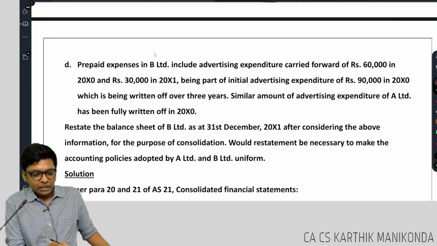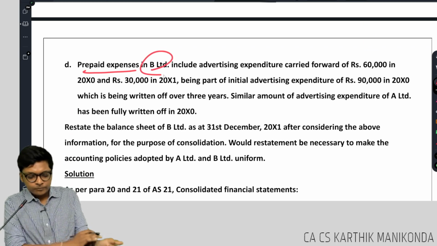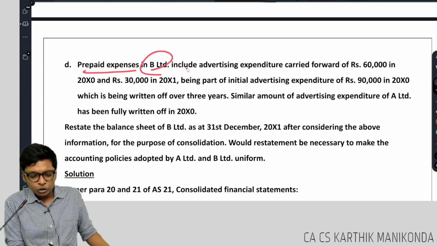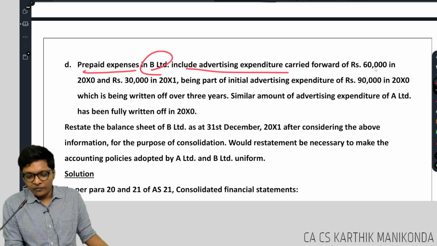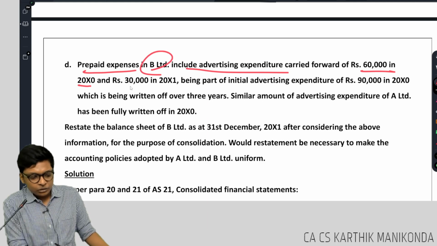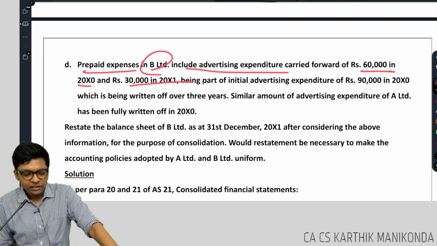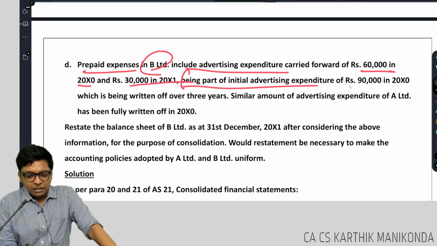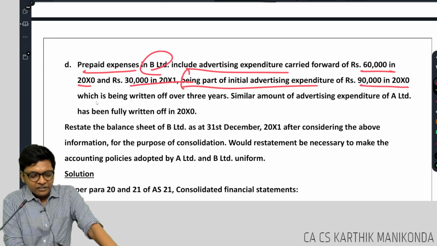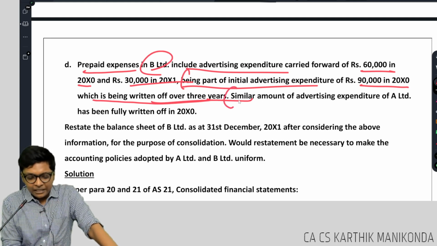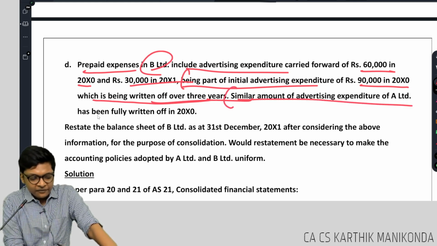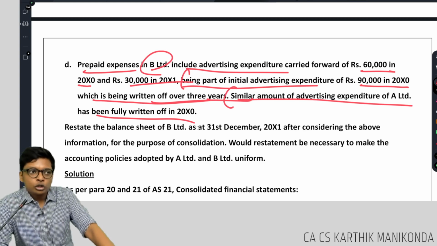And last one, prepaid expense in B Limited include advertising expense carried forward of rupees 60,000 in the year 2020, 30,000 in the year 2021, being part of initial advertising expense of 90,000 in 2020, which is written off over 3 years. Similar amount in A Limited has been fully written off in the year 2020.